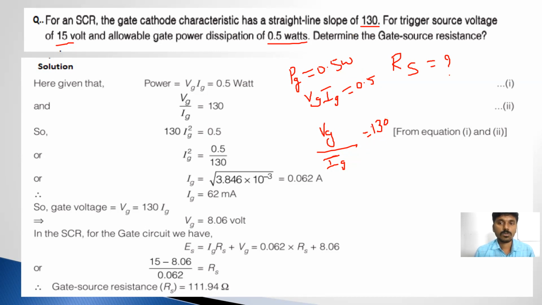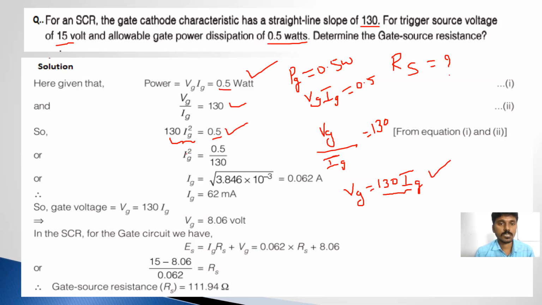So VG is equal to 130 into IG. From this equation, we can substitute 130 into IG in the power equation. So in place of VG we write 130 into IG, into IG, which is 130 into IG square, equal to 0.5.